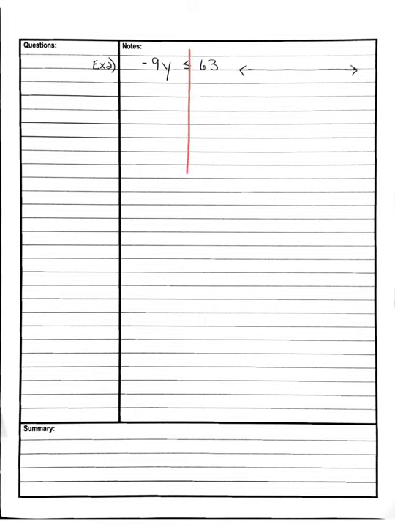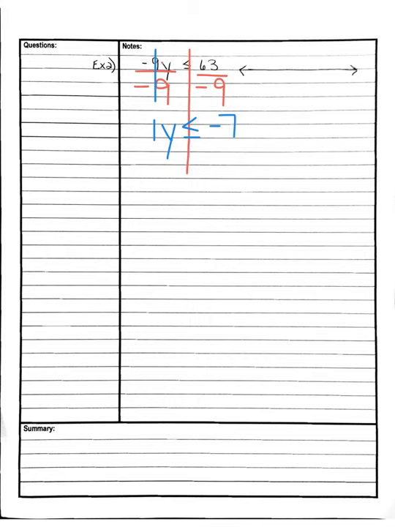I'm going to draw a line through the inequality sign. This is a negative 9 times y. The inverse of times is divide. I'm going to divide both sides by negative 9. Now on the left-hand side, I have 1y, and I have the less than 63 divided by negative 9 is a negative 7.